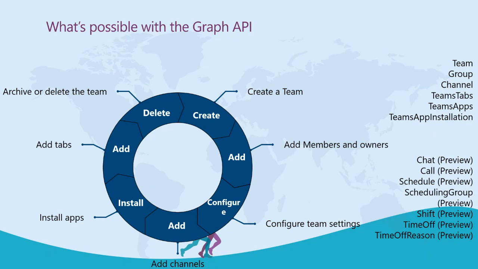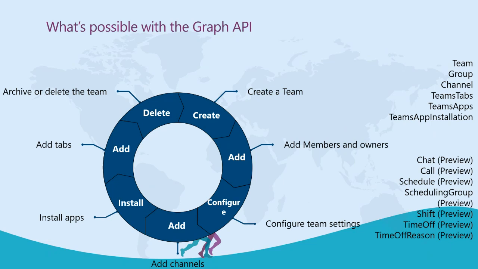there's still more. With the Graph API, you're not just able to handle the creation of a team. You're also able to address commands for chat, calling, scheduling, shifts. And they are still developing the whole Graph API, as with the whole cloud services.